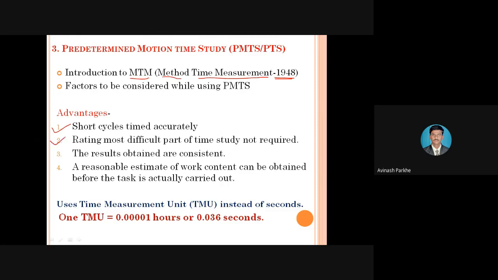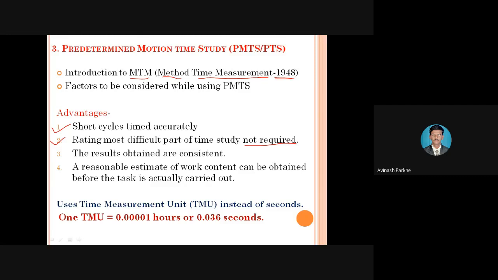Then second, rating, the most difficult part of time study, is not required. Whenever I have to give a rating to a particular part, whether that part is completed within time or not, I can check that by using this PMTS concept. That's why I gave the example.